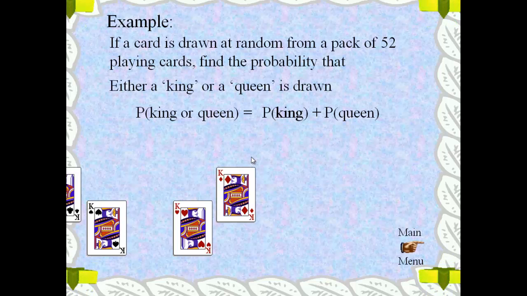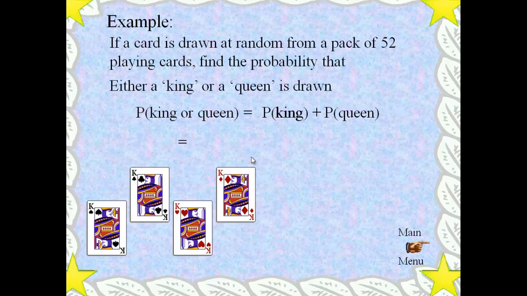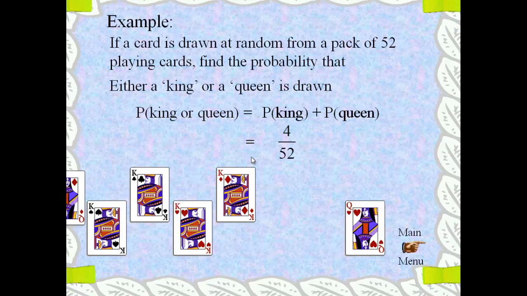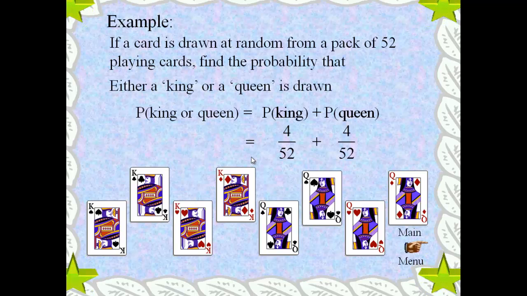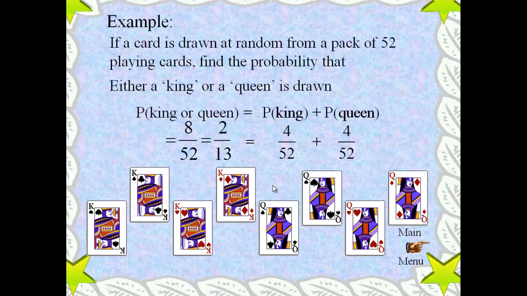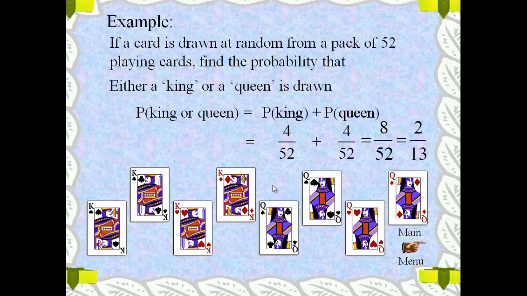There's 4 kings in the pack and 52 cards, so the probability of a king is 4 out of 52, and the probability of a queen is also 4 out of 52. So that gives us 8 out of 52, which simplifies to 2 out of 13.